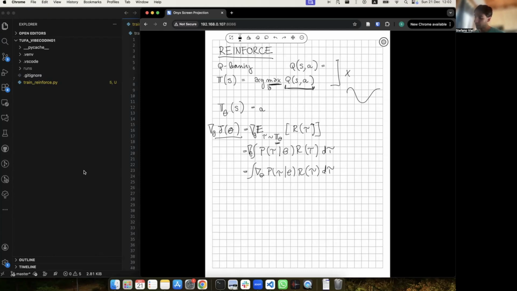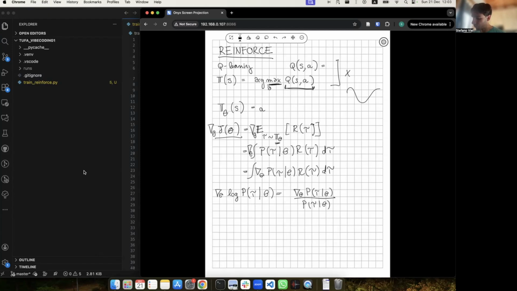And now we notice something. If we take the gradient of the logarithm of our probability of the trajectory tau given theta, this is the gradient of p tau theta divided by p tau theta.